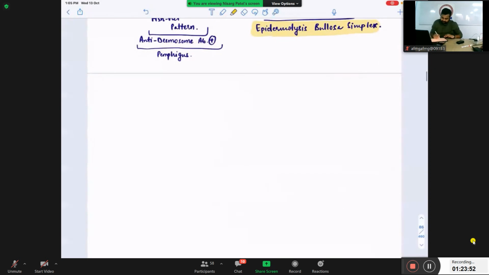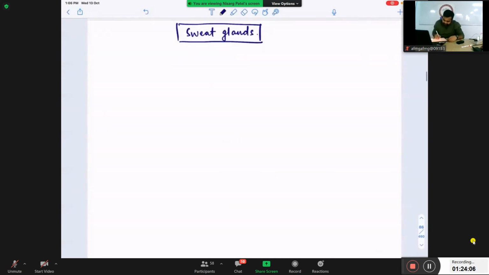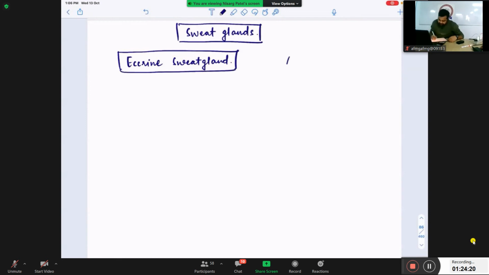Okay. Next topic, sweat glands. Sweat glands are mainly of two types. These are the eccrine sweat gland and the apocrine sweat gland.